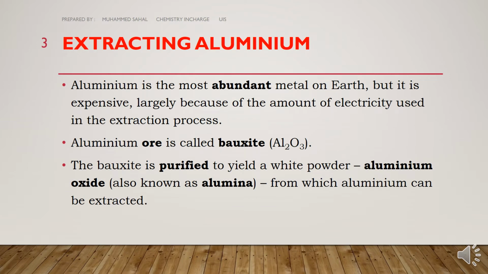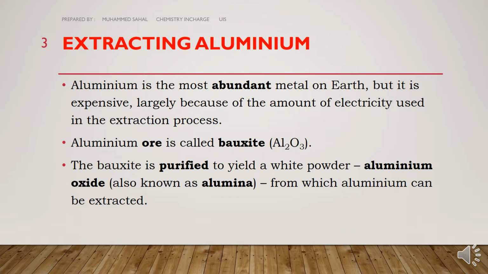The ore of aluminum is bauxite. This bauxite is first treated with sodium hydroxide to obtain pure aluminum oxide, removing impurities such as iron oxide and sand. First of all, we take the ore of aluminum, that is bauxite.